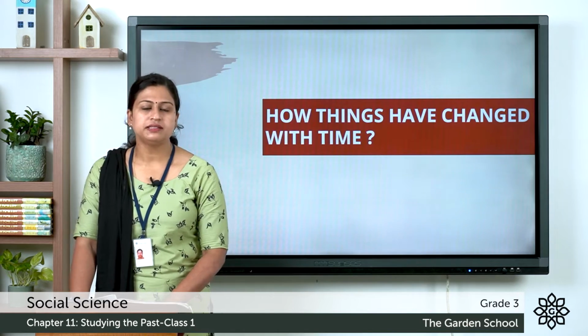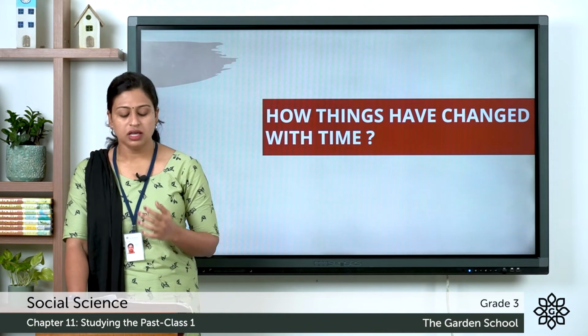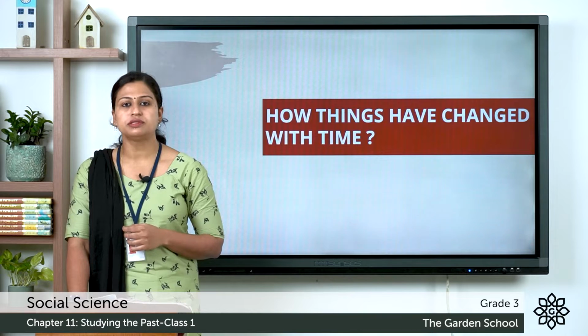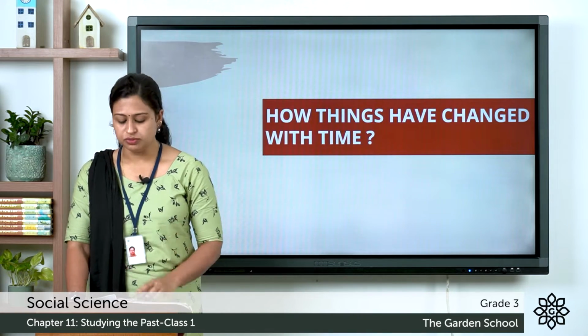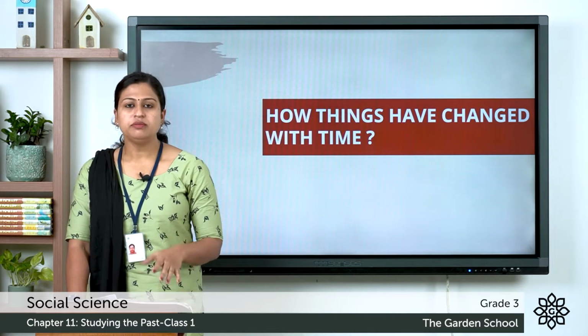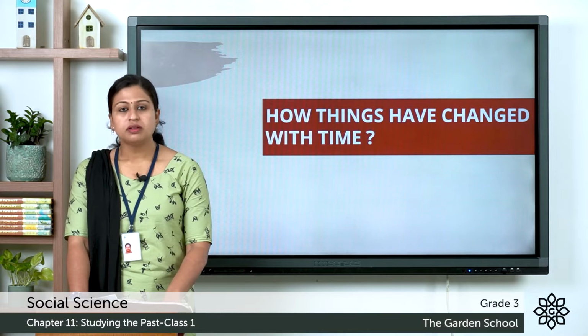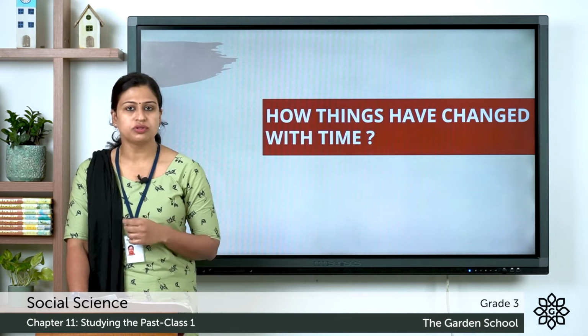In the first place you have to write how your grandparents used to go to school. In the next column you have to write how your parents went to school. And in the third column you have to write about you. Everyone might have some different answer. Here you can write, grandparents used to walk long distances to go to school.